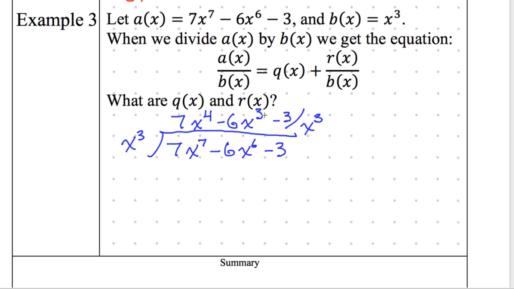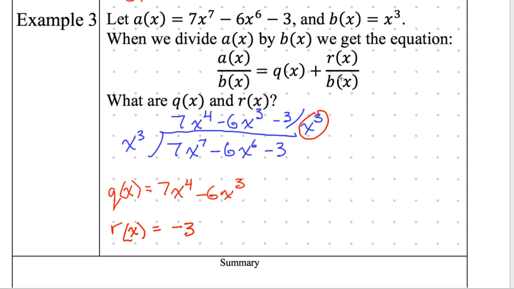And finally, when I write my quotient q of x, that is 7x to the power of 4 minus 6x to the power of 3, and my remainder, r of x, is just negative 3. And I don't have to worry about that denominator because the denominator is not asked for, that b of x. That concludes our notes.